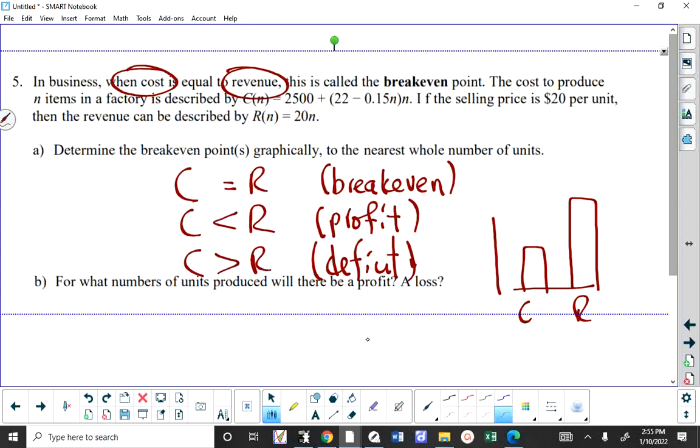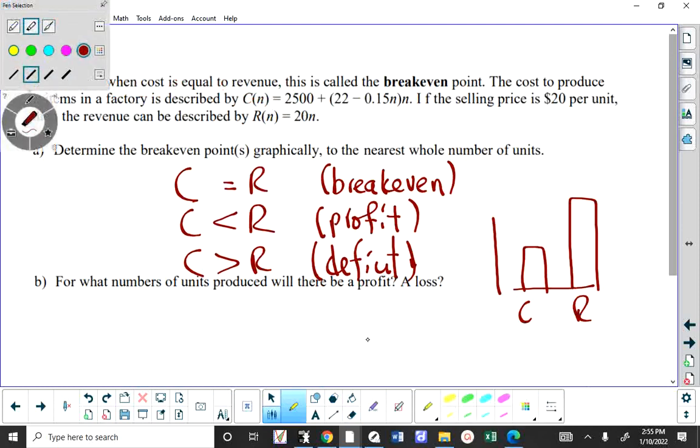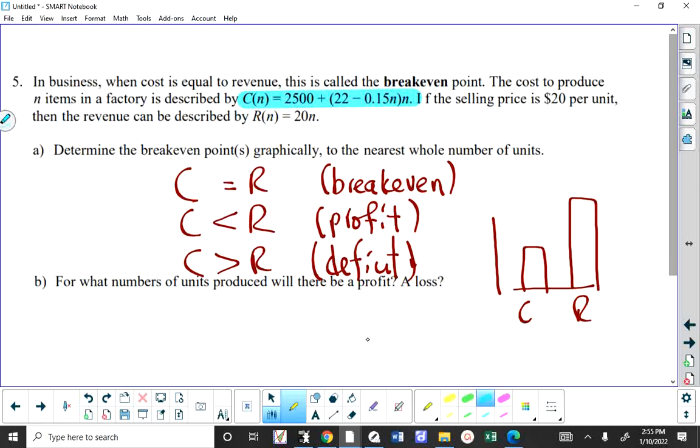Okay. So what's the break-even point of this particular business? You've got a cost function. It says the cost to produce n items is that. If the function notation is bothering you, then just think of it as cost equals, okay?